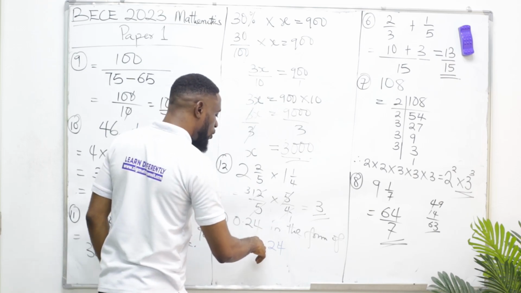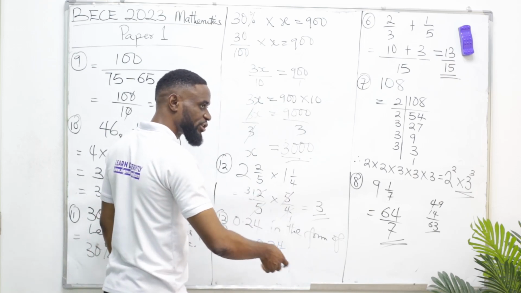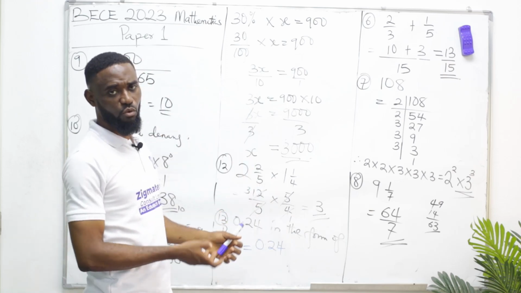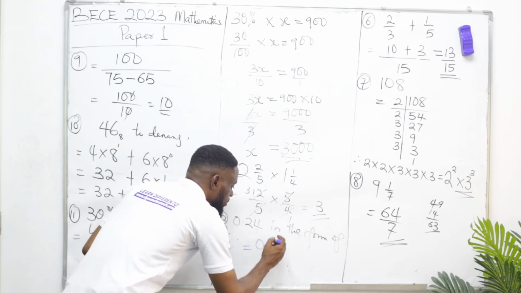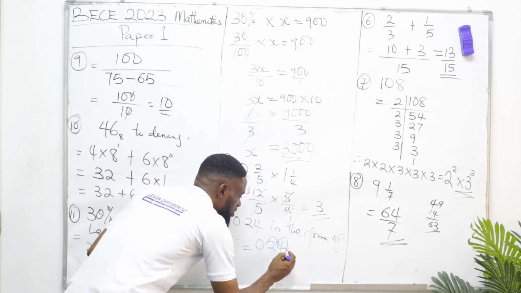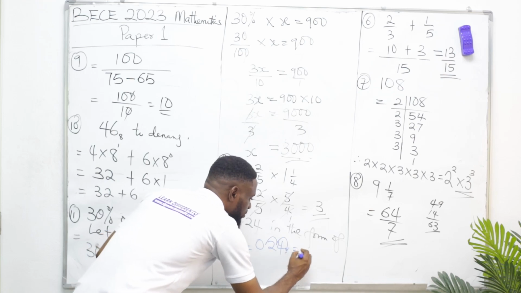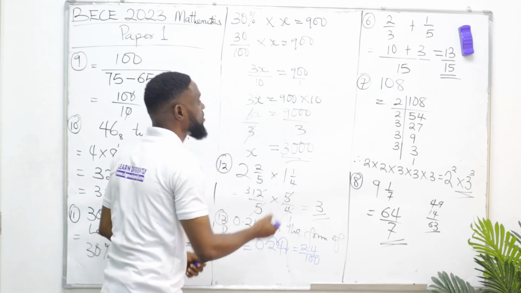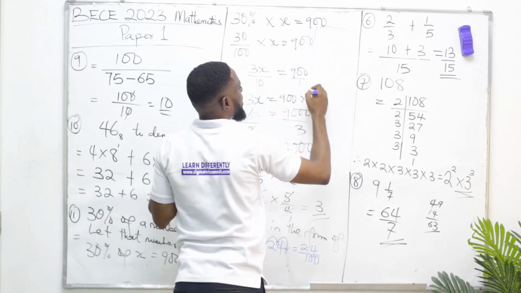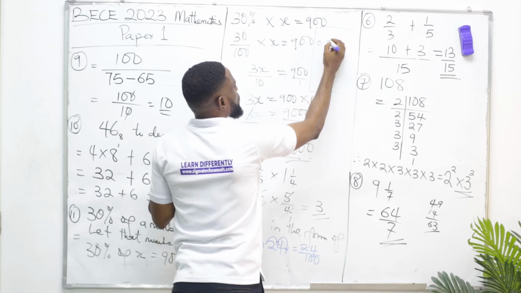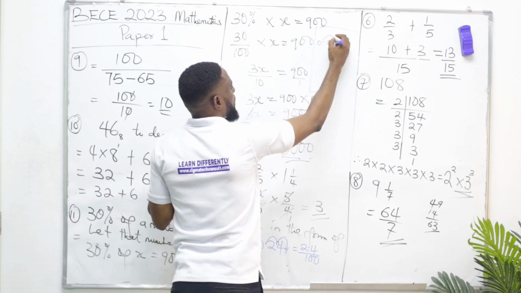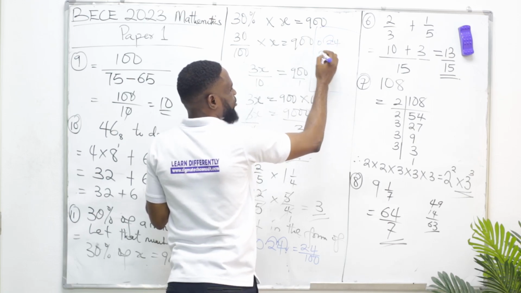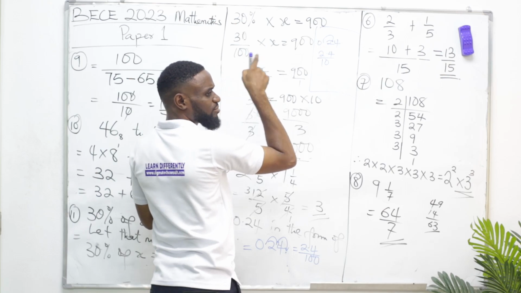Depending on the number of times we move, that will determine how many zeros we add to 1, okay? So if we move 1, 2, you get the point. So this will now be 24 divided by 100. Let me make an illustration. This is 0.24, right? If we had moved just once, it would have been 2.4 divided by 10, because we moved only once. Do you understand the point now?